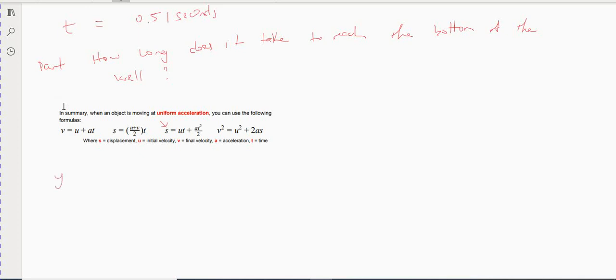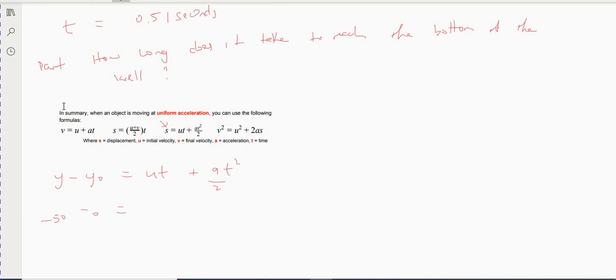So we know that s can be rewritten as y minus y naught, which is equal to ut plus a half a t squared. The displacement is going to be negative 50 minus the initial displacement, which is 0.